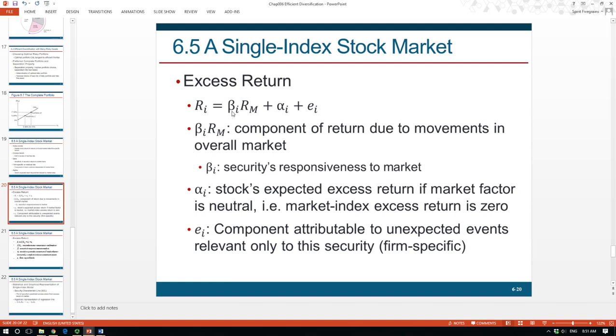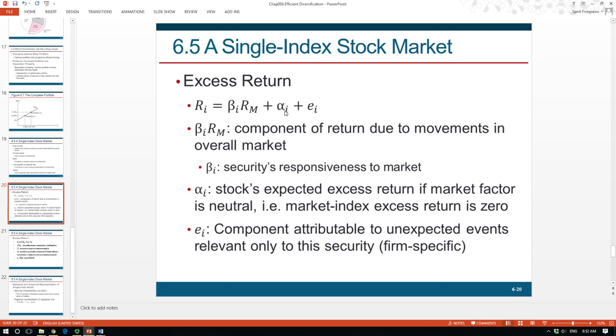Simply put, beta_i times R_M reflects the market risk for an individual company. A company that has higher market risk tends to have higher beta. So the higher the beta, the higher the market risk, and this is the first factor determining individual stock return. And the second factor here is alpha. Alpha is good stuff.